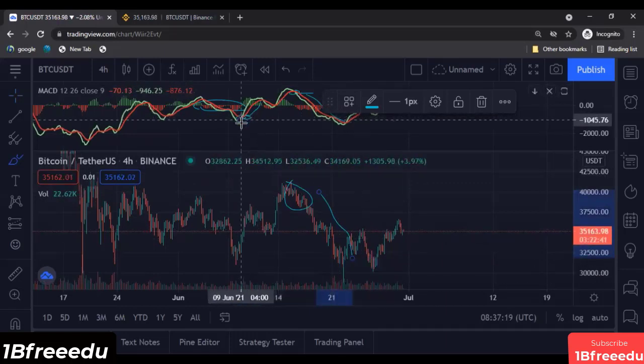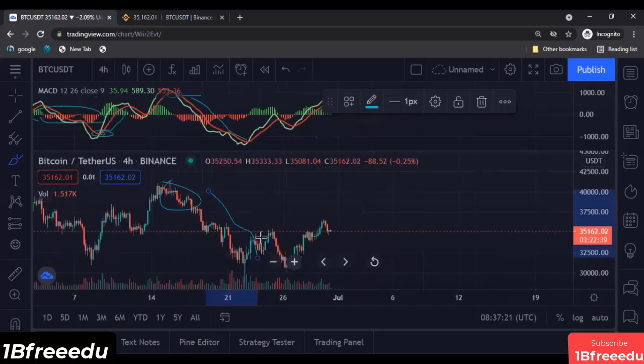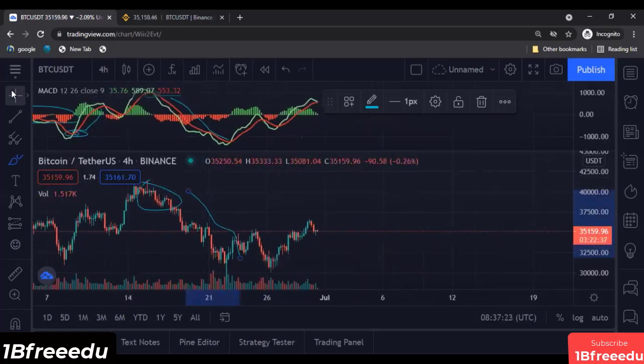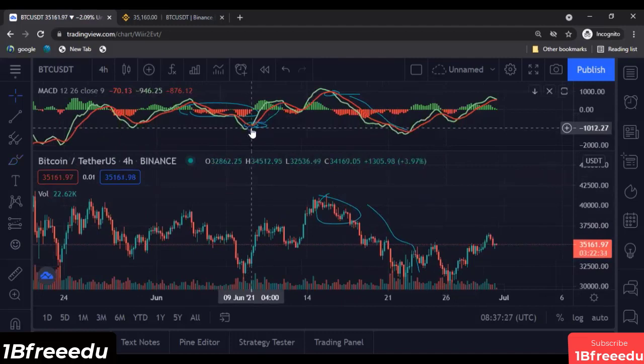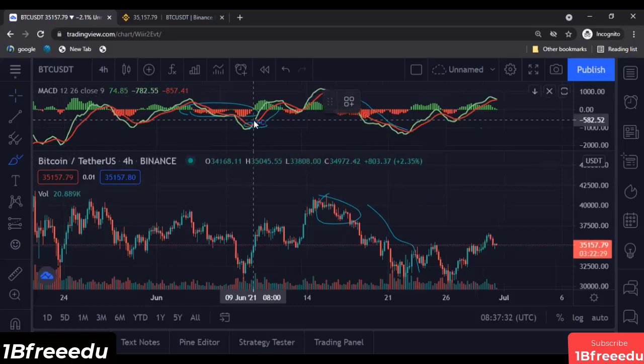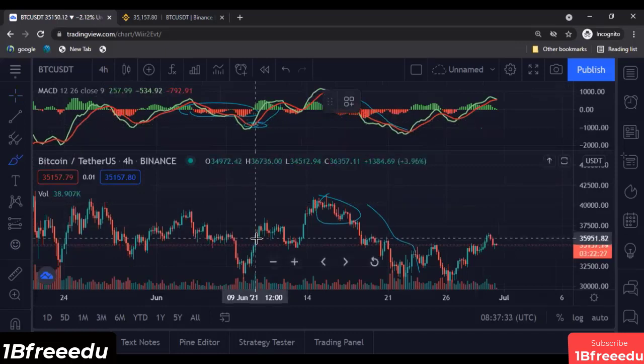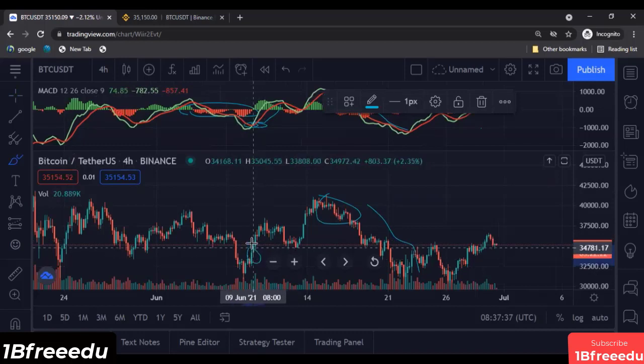And over here, if you could zoom in a little bit, yeah, you can see that right here there is a crossover, somewhere right here.